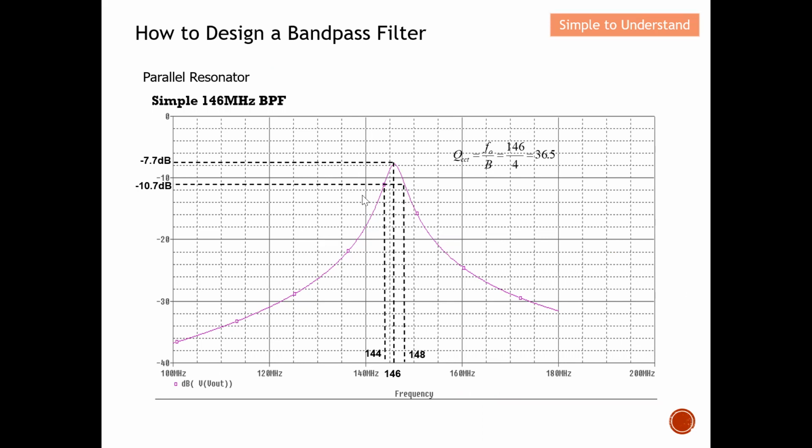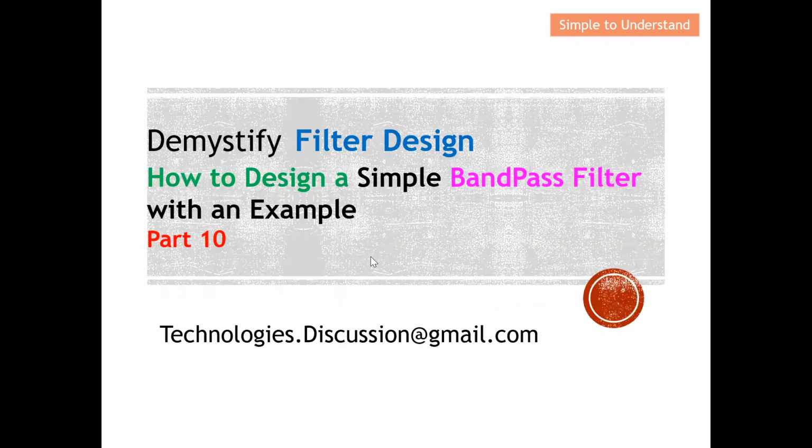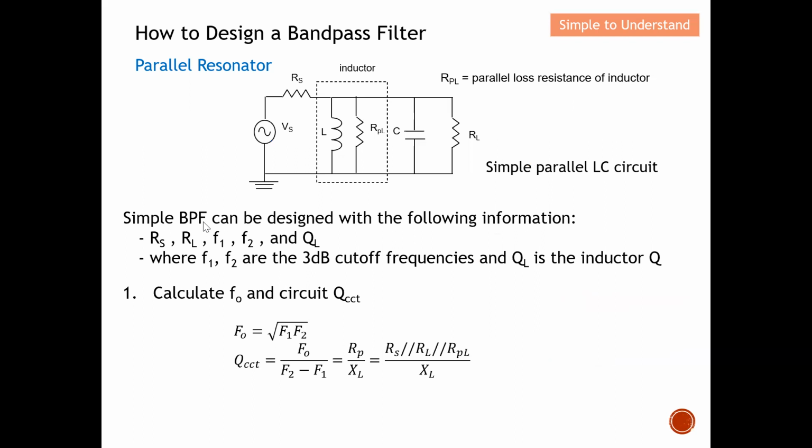So I can conclude that I have done a very simple bandpass filter with the information I need, which I have shown to you. With this information, I can easily calculate my bandpass filter response.